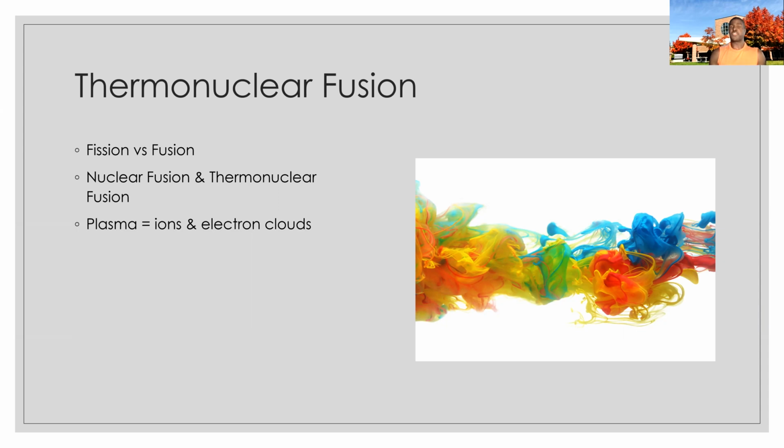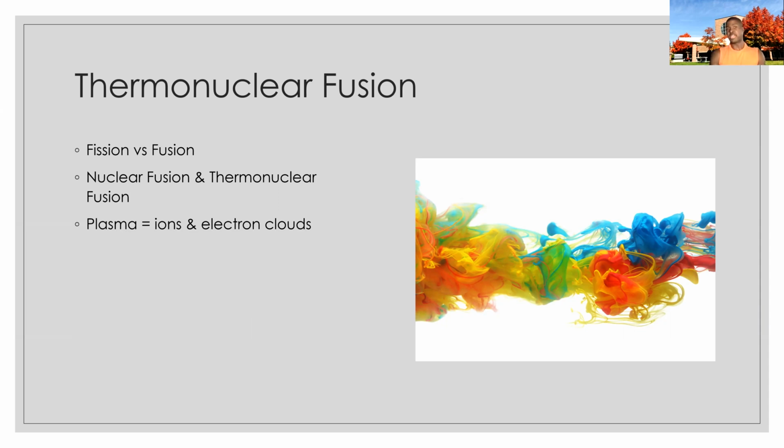So that's where we come to fission versus fusion. Fission, as we discussed earlier this week, is where an atom or molecule is split into multiple components of itself, leading to different components or elements over time.